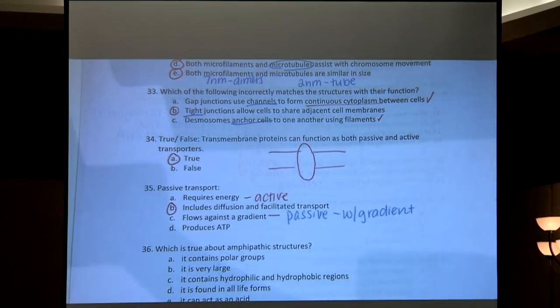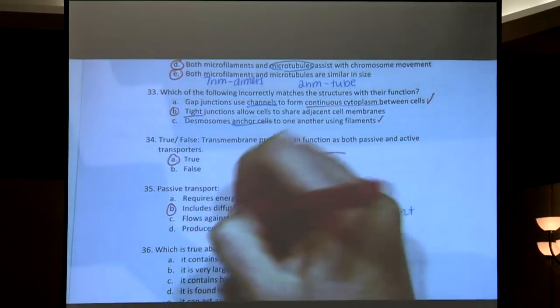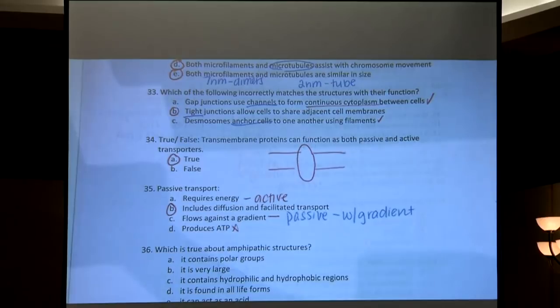And then, does passive transport produce ATP? Typically, we're going to say passive transport does not produce ATP. However, we do have one type of transporter that produces ATP. Does anyone remember what that transporter is called?